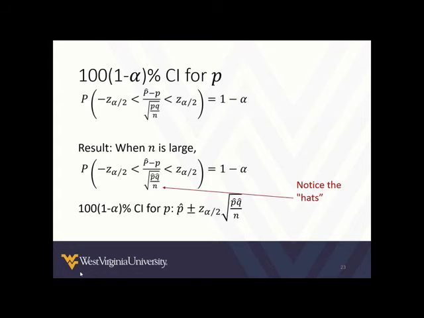And so we have then that the probability of negative z alpha over 2 is less than p hat minus p all over the square root of p hat q hat over n, which is less than z alpha over 2, which is then equivalent to 1 minus alpha. So then our 100 times 1 minus alpha percent confidence interval for p is p hat plus or minus z alpha over 2, all multiplied by the square root of p hat q hat over n.